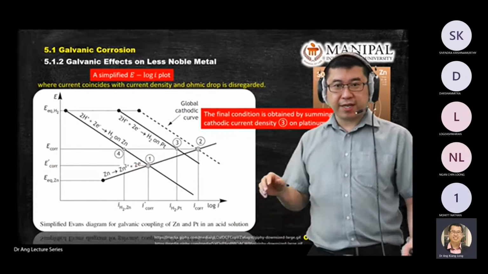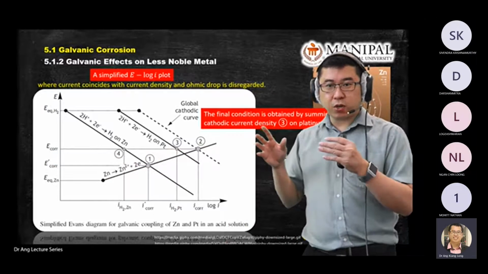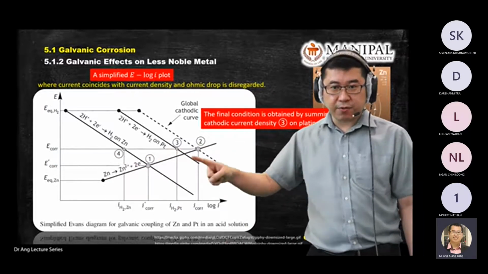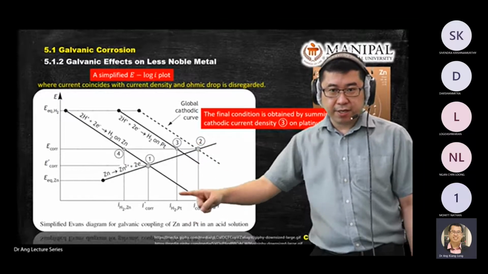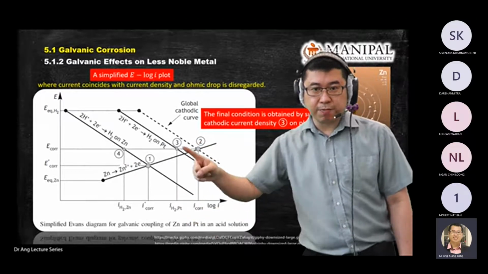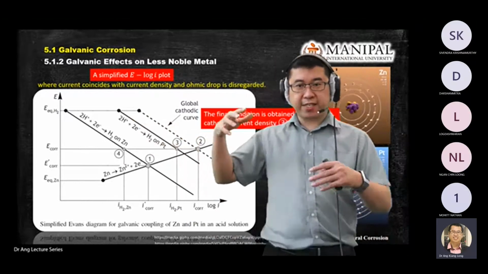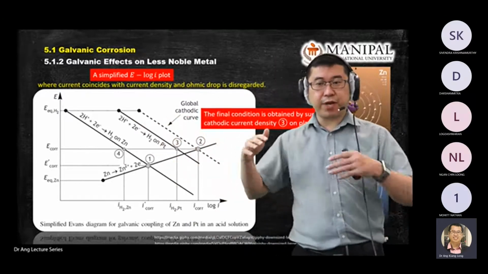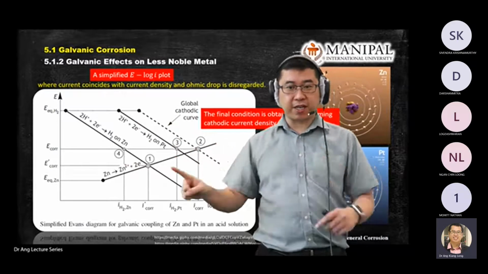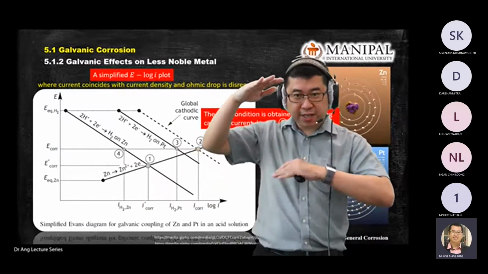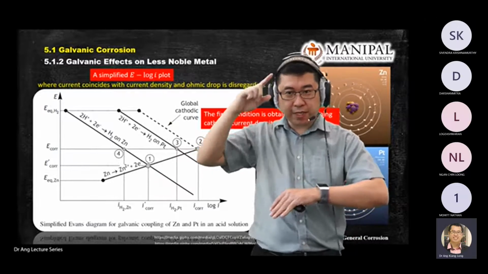I repeat, how to find the location of the cathodic current density which is projected down, this value. How do you get this point? You trace from the graph. For the graph, you have two stations: anode, cathode, low nobility, high nobility.